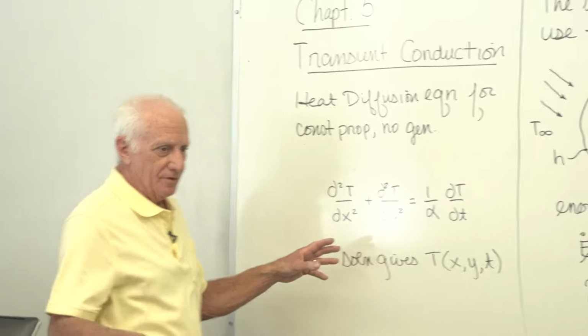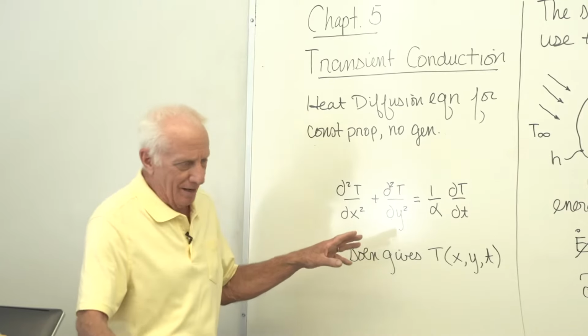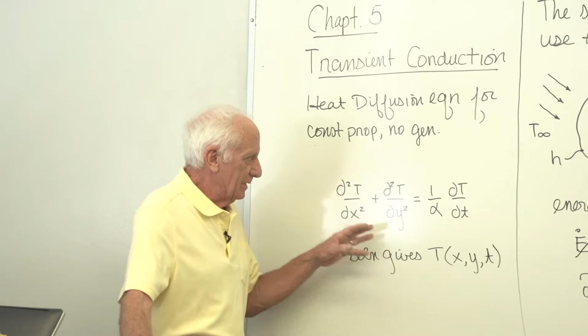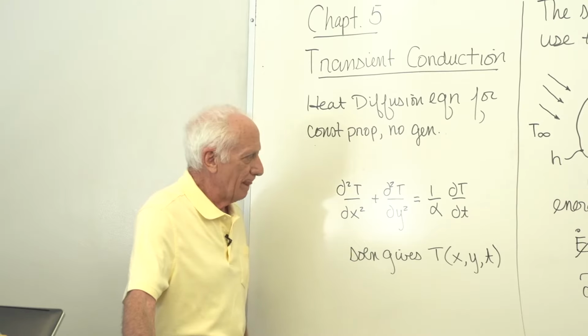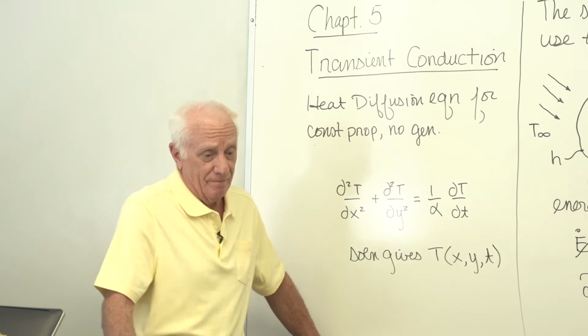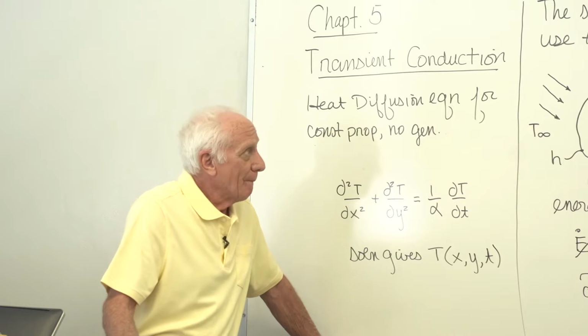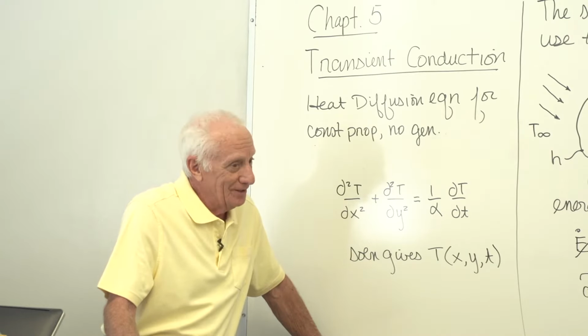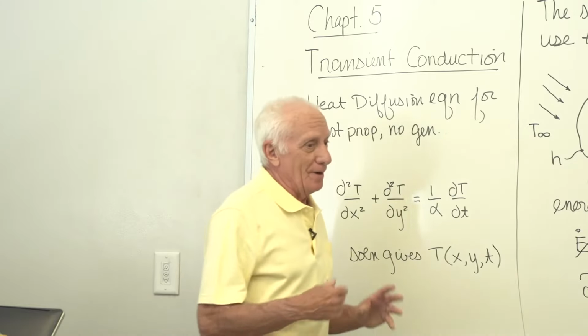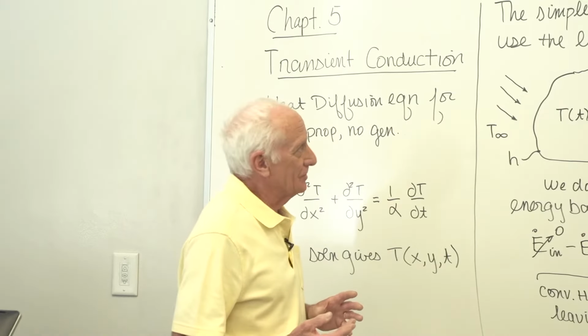If we could solve this with correct initial and boundary conditions, we would get the temperature as a function of x, y, and time. Now, it can be rather difficult, but luckily there is a possibility we can use a simpler model to get results.